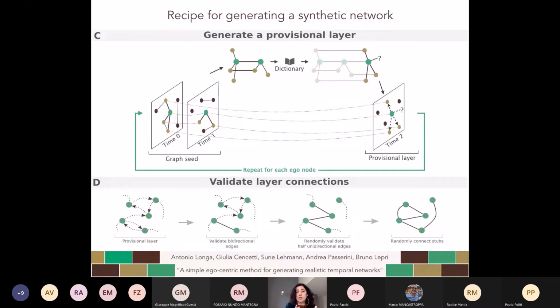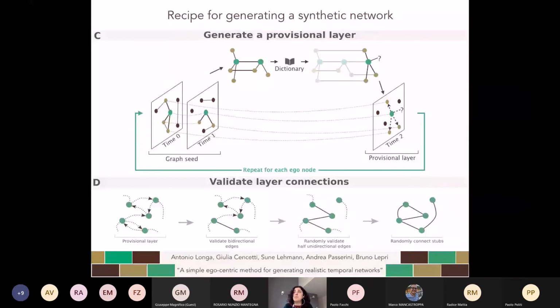Okay, so we generate the second layer like this, then we have the third layer, and so on. Okay, so now that we understood, I hope, the procedure to generate this new network, let's see some results.